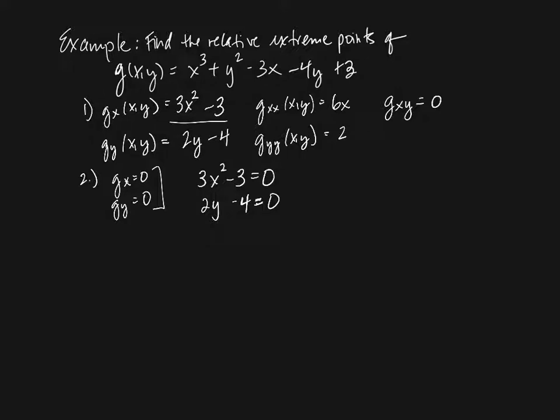So basically what we're going to do is solve each of them separately. So this says 3x squared must be 3, so that means x is either going to be 1 or negative 1, right? Because you get x squared equals 1, so x is negative 1 and 1. And then this one we solve, let's see, 2y would equal 4, so that means y is equal to 2.